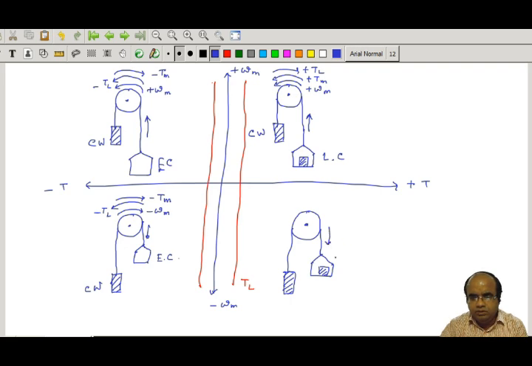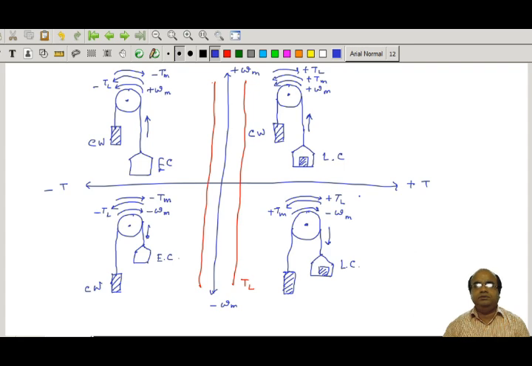When lowering the loaded cage, the direction of omega is in this direction, minus omega m. Now torque is positive here, that is, this is the direction of the motor torque, and this is the direction of the load torque. Okay.